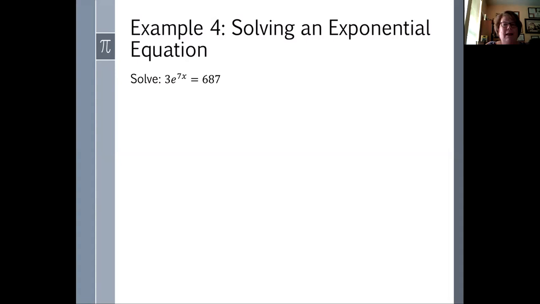So I need to get rid of that 3. And how do I get rid of 3 if it's being multiplied? I divide. So I divide both sides of the equation by the number 3. Now I take my calculator out and I determine what 687 divided by 3 is, and I get 229.